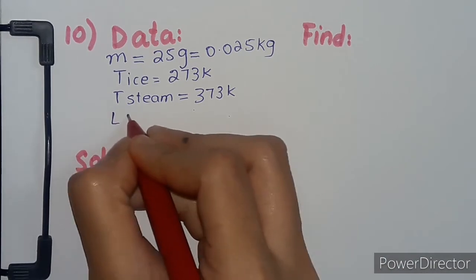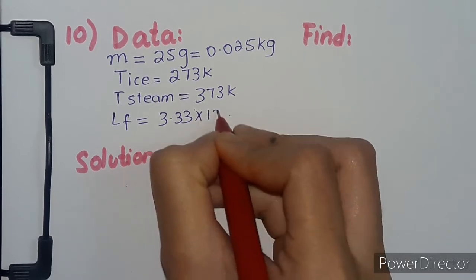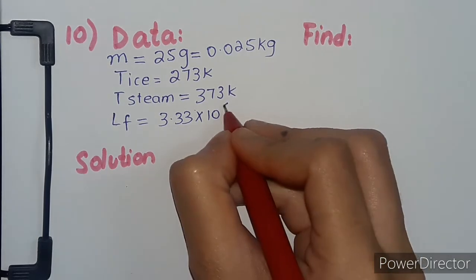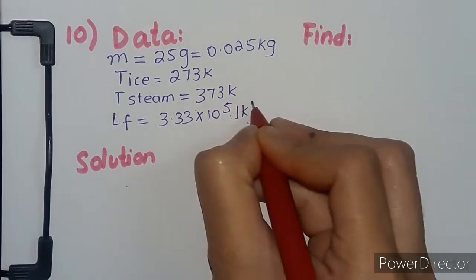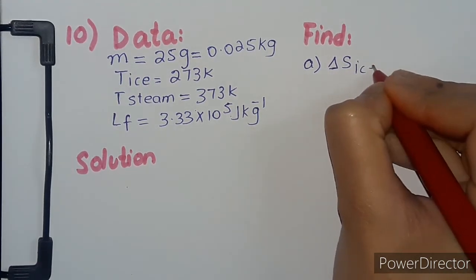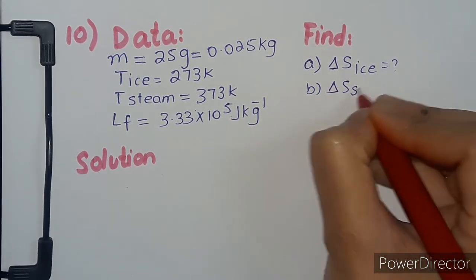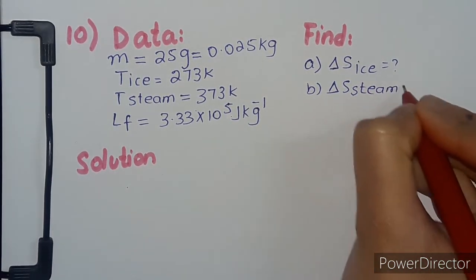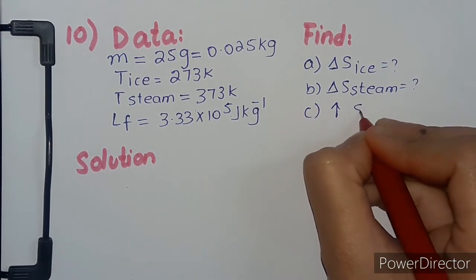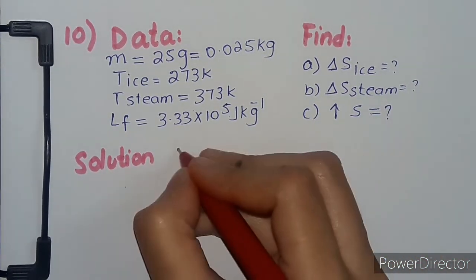Remember the value of Lf, which is 3.33 10 raised to the power 5 joule per kg. The change in entropy of ice, then the change in entropy of steam, then in the C part, the increase in entropy of the universe.